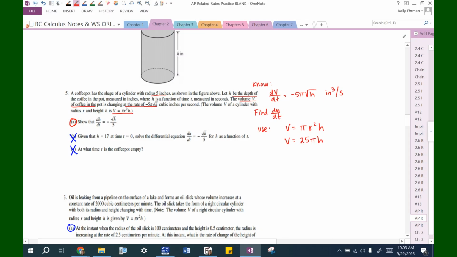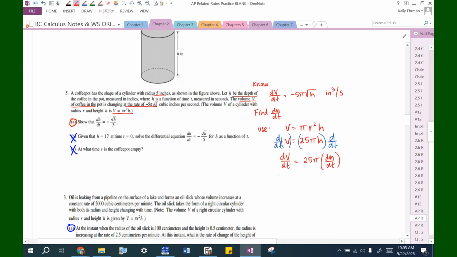If you don't make that substitution and you assume r is variable, then if you correctly differentiate, you're going to do product rule. You'll have dr/dt's and you won't have anything to plug into that. So now I want to take the derivative with respect to t of both sides. And this becomes dV/dt equals 25 pi dh/dt.